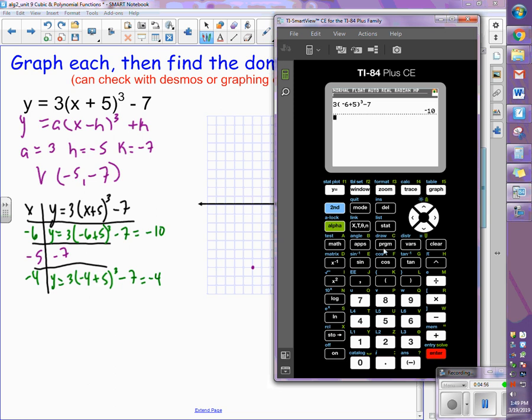So negative 10, and then second enter, and change this to a negative 4. Negative 4. All right.